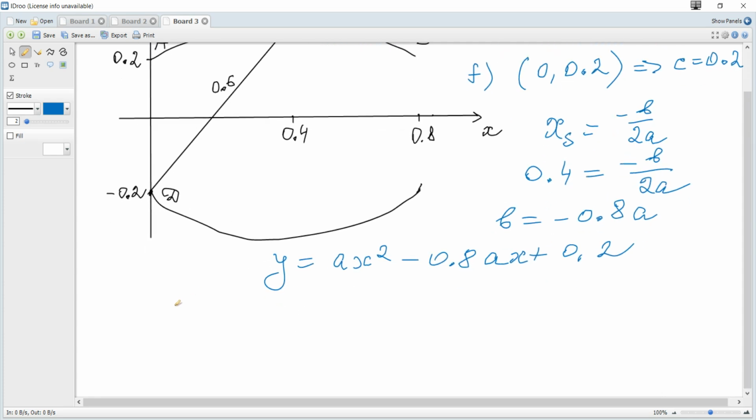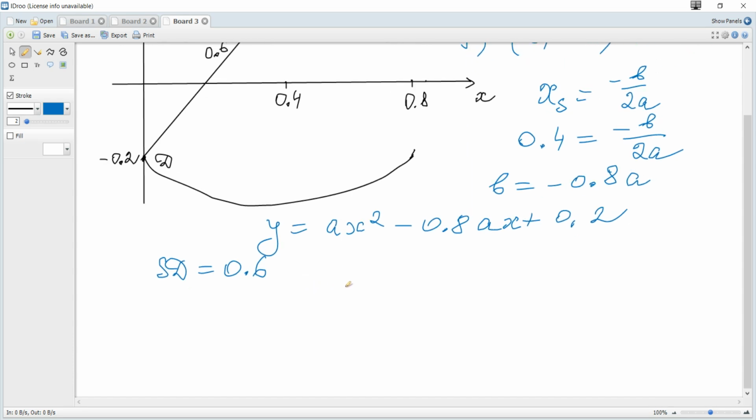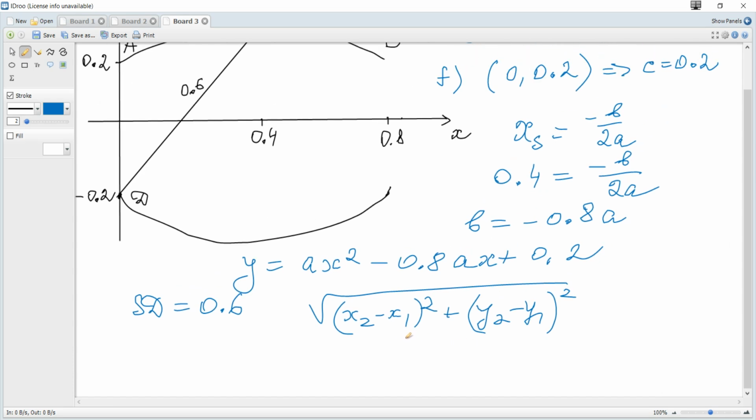So let's consider distance SD, which is 0.6. And what is the distance between 2 points? The formula is given in a data booklet, and it says it's square root of x2 minus x1 squared plus y2 minus y1 squared. Which point is first, which is second, doesn't matter, and it is 0.6.